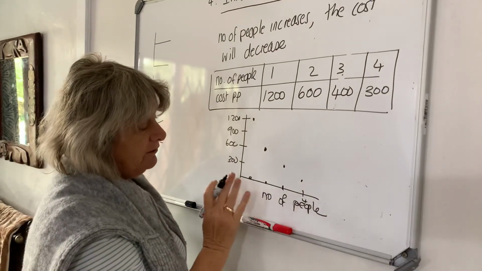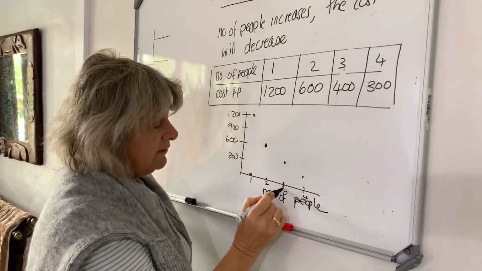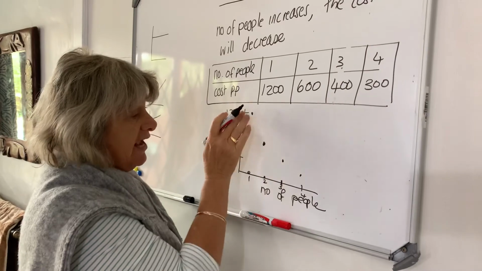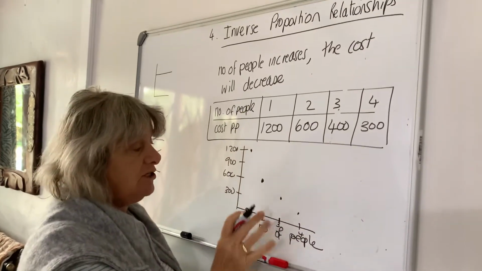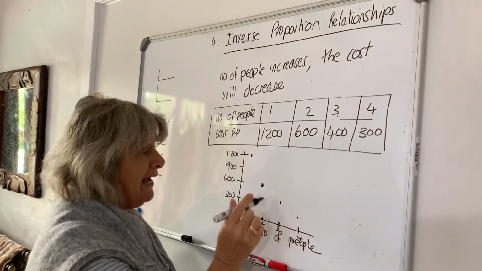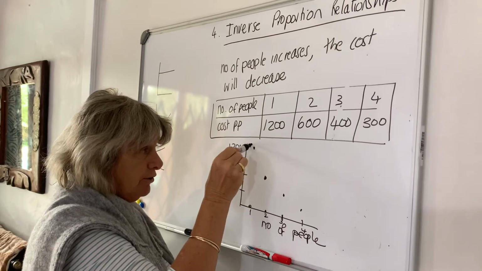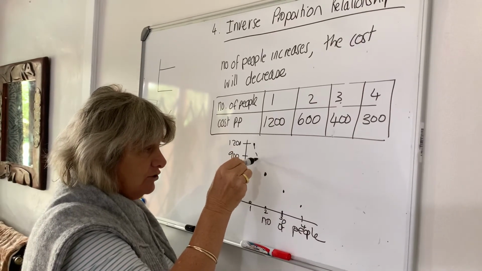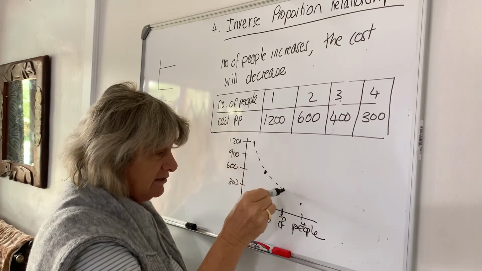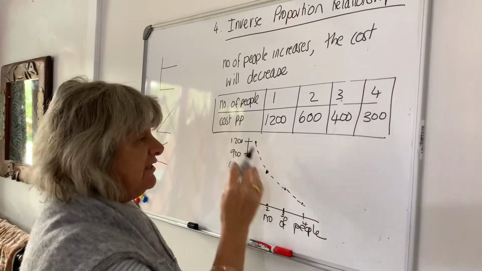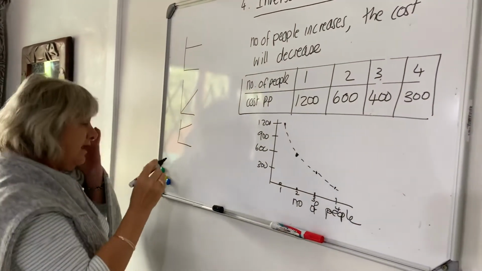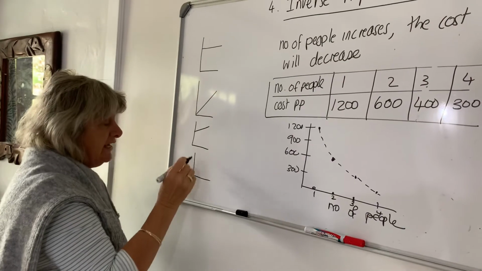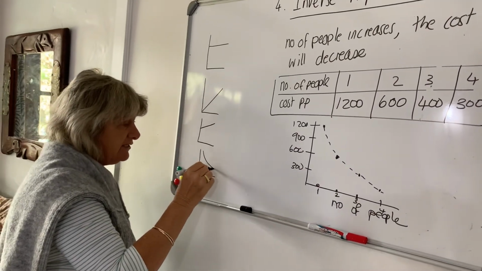Number of people can only be whole numbers. So we have discrete data. Actually, these 4 points are the only points we have on our line. But to show our line, we're going to join them with a dotted line, dotted to indicate discrete data. And you see we get a curve. So the fourth kind, the inverse proportion, is always a decreasing curve.